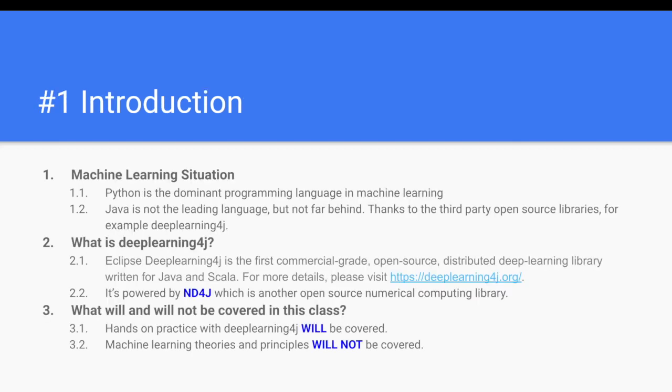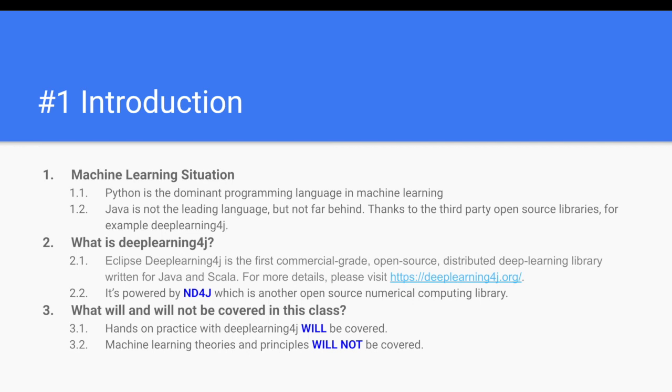So let me introduce the machine learning situation nowadays. You might know Python is still the dominant programming language in machine learning. So many data scientists and software engineers are using Python to do machine learning.